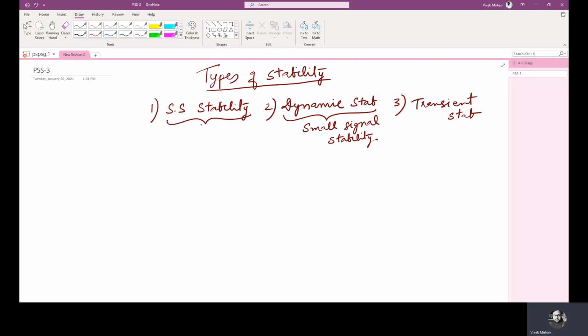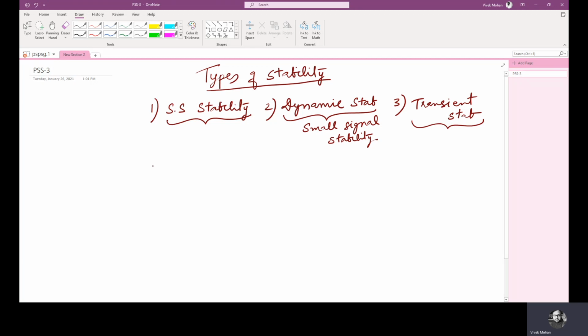Then only we'll say that the system is dynamically stable. Now coming to transient stability, it's basically about the response to large disturbances, a large change in rotor speed or power angle or power transfers. It is usually evident within a few seconds.